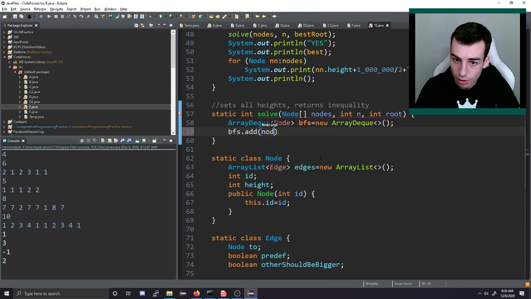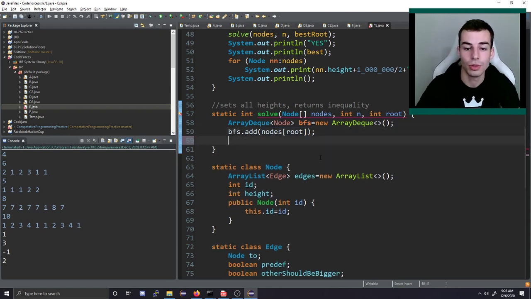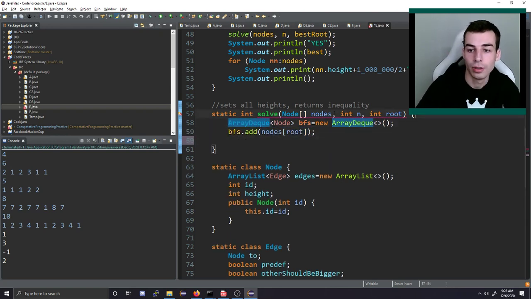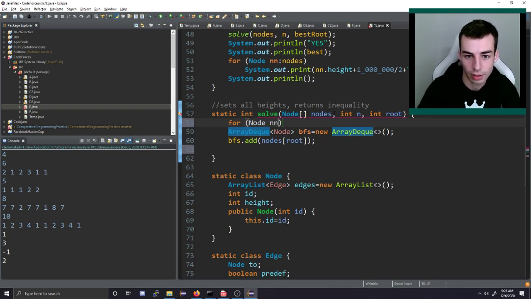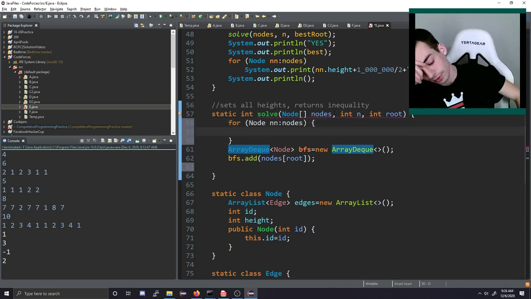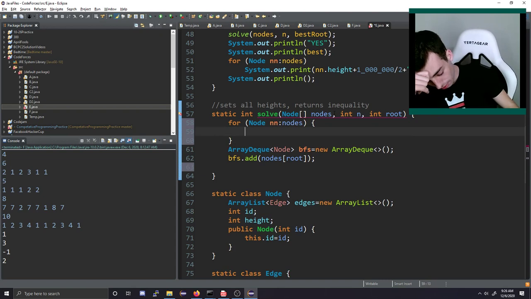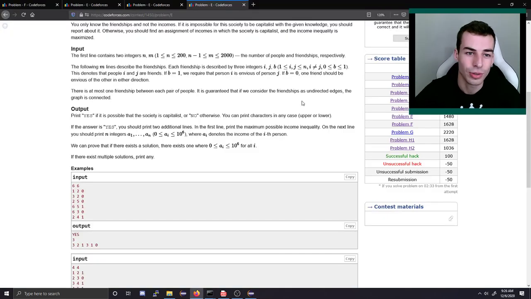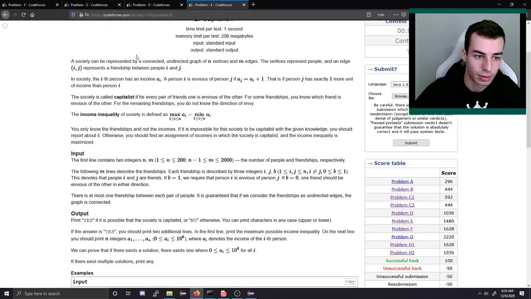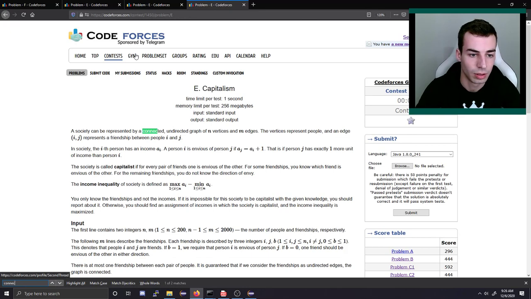BFS dot add nodes at root. Well, okay. Also, for node and nodes. Wait. We've got multiple components. This is obnoxious. Okay. Is it guaranteed to be connected? There we go. Thank goodness.